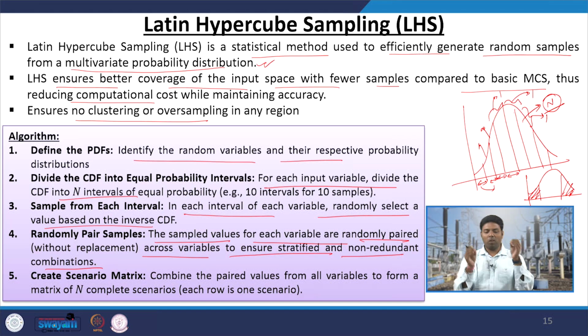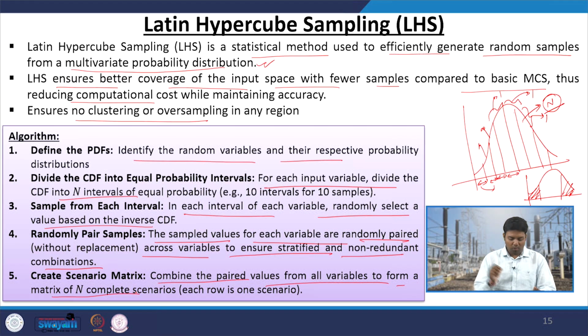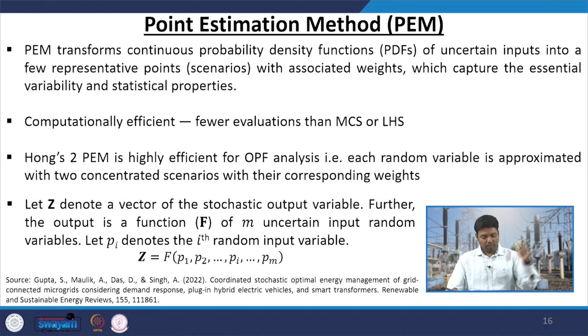So, you do the combination and you will get a huge number of paired combinations of uncertain events or uncertain scenarios. That will give you paired values of all variables in matrix form. Then you use those scenarios for your probabilistic OPF formulation.